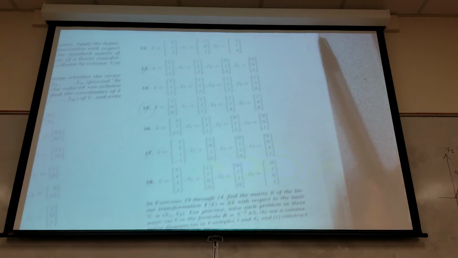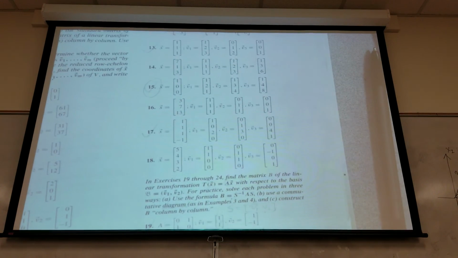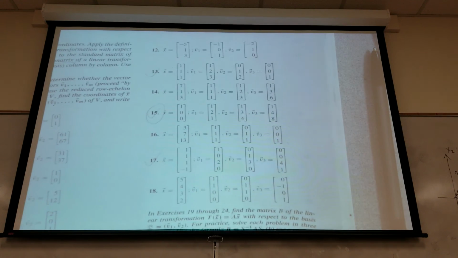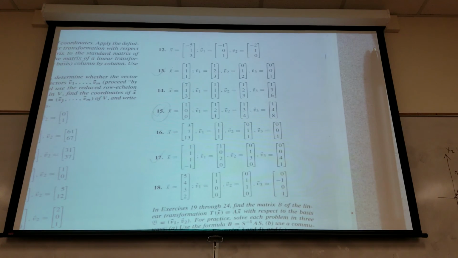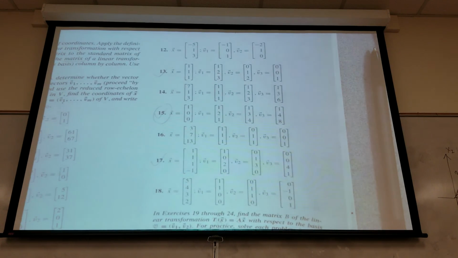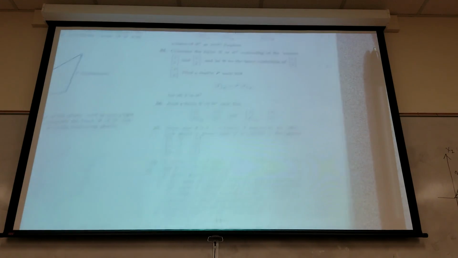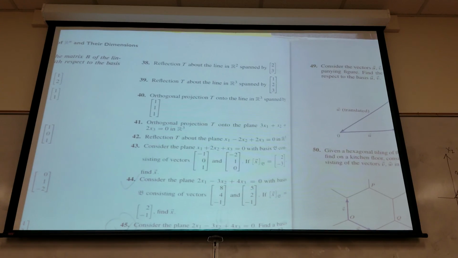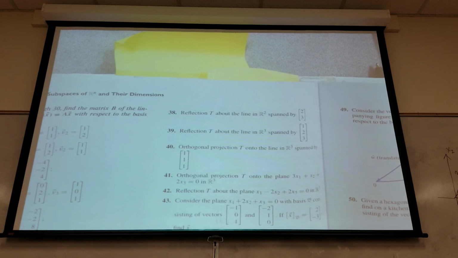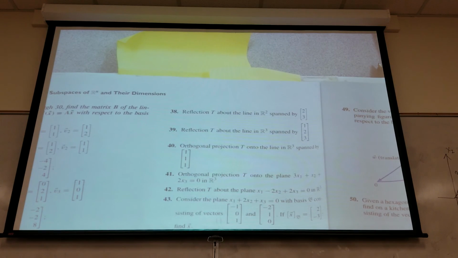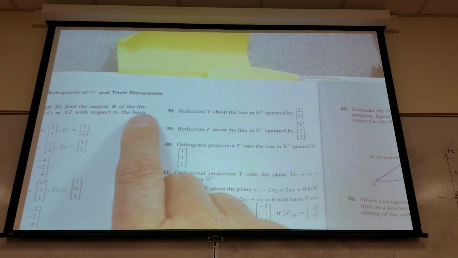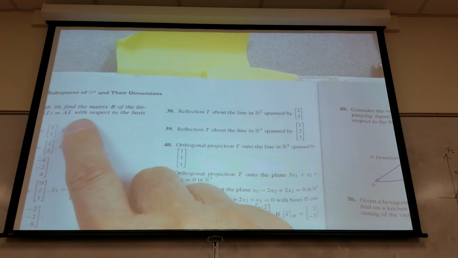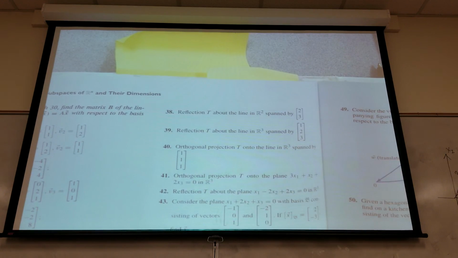So they are similar. And then another type of problem is given the coordinate vector and then recover the vector itself. So that's on the, let's see. In exercise 25 through 30, find matrix B with the linear transformation Tx equals Ax with respect to this basis.